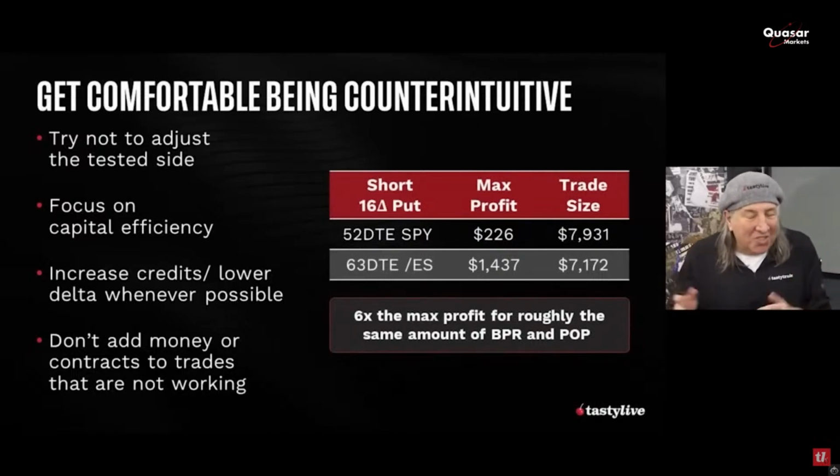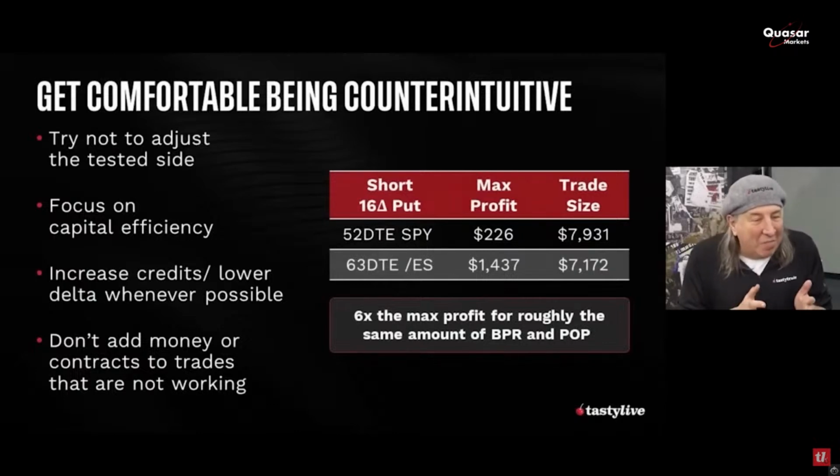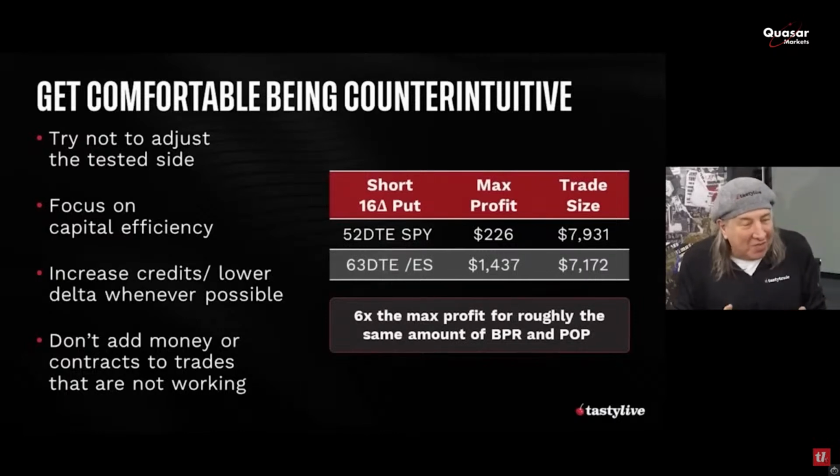Like, I know positions go against us. I get it. Trust me, I've had millions of losing positions, literally millions of losing positions. So I get this. Increase credits whenever you can, which reduces risk, and lower delta when you can. And then don't add money or contracts to trades that are not working. If something's not working, okay, it's not working. It doesn't mean you have to close it. You can stay in, you can fight the good fight.